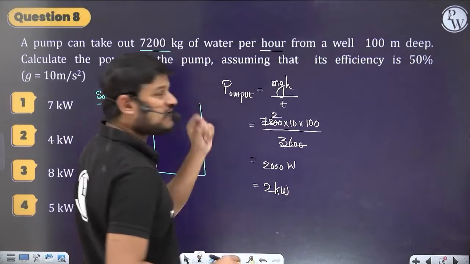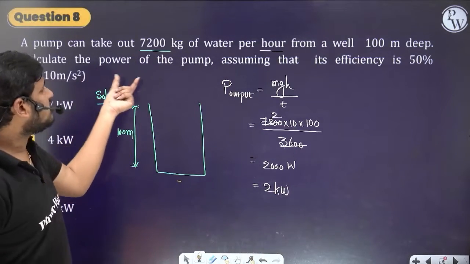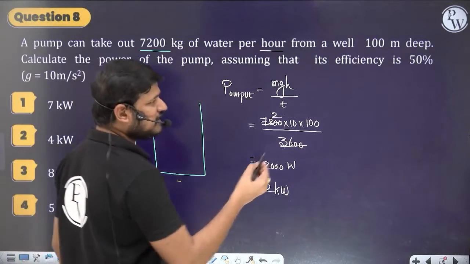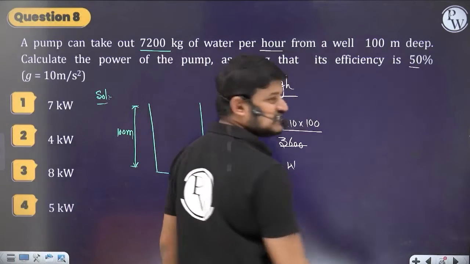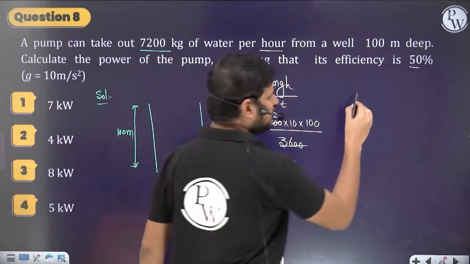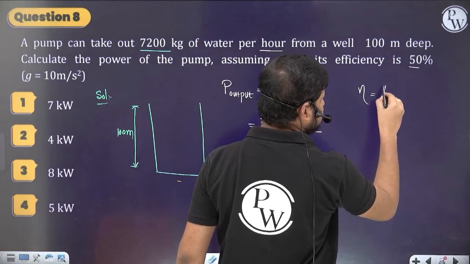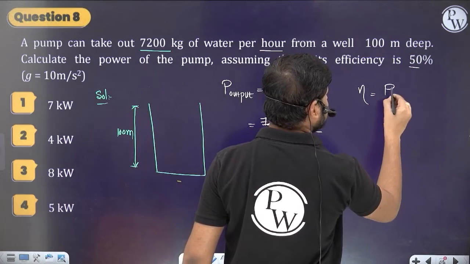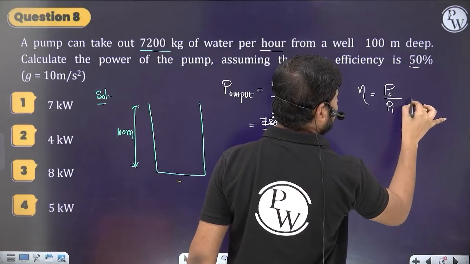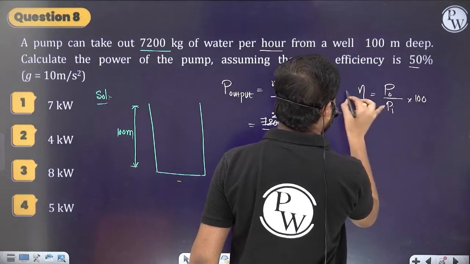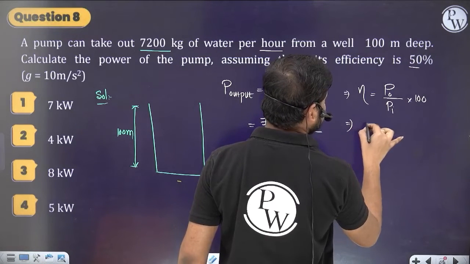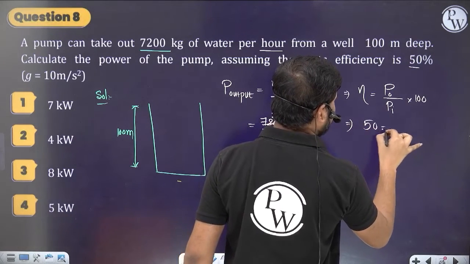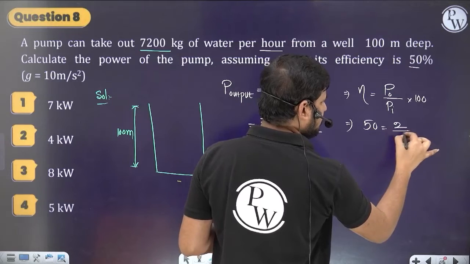This is the power output, but they are asking what is the power of the pump, which is nothing but the power input. Efficiency is given. The efficiency formula: eta is equal to power output by power input into 100. Eta is 50, power output is 2 kilowatts, by power input.